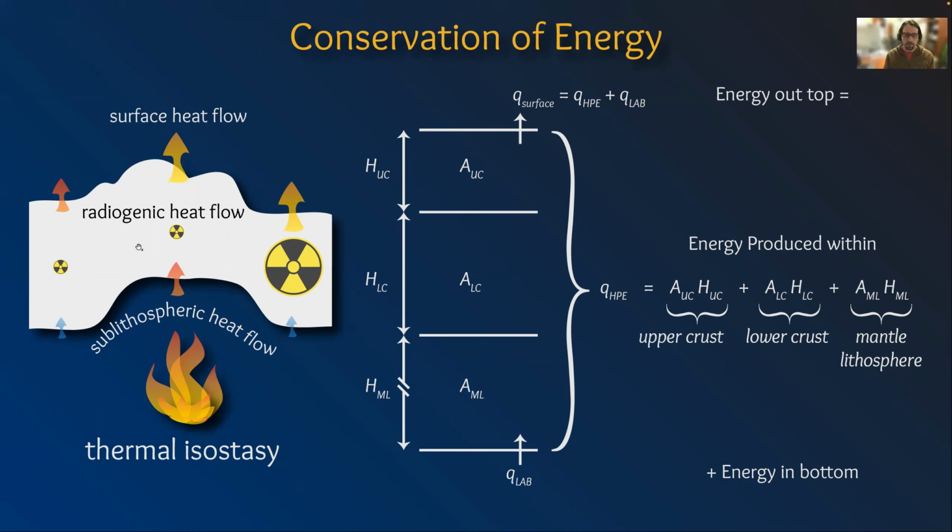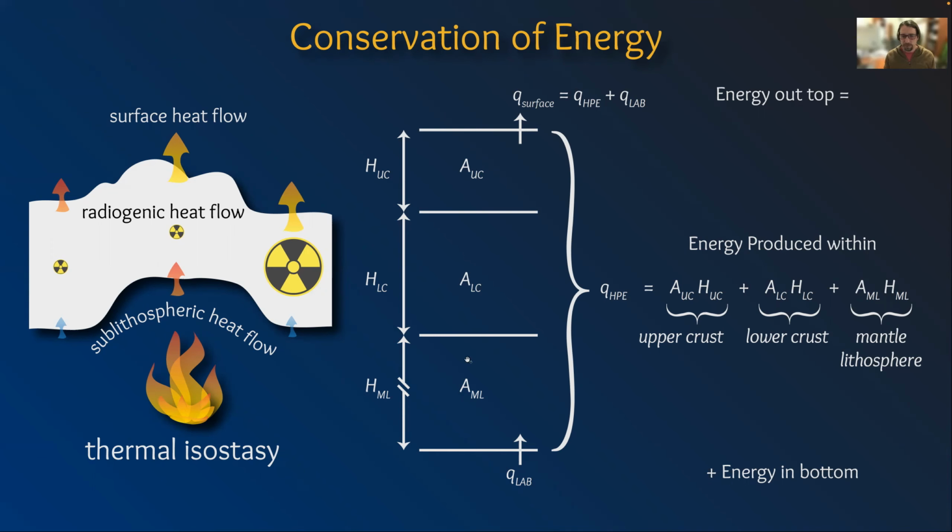So that hot, buoyant crust, our lithosphere, then expands and increases in elevation relative to places that have low inputs from the sublithospheric heat flow. In this case, both of these may have the same surface heat flow, but one has a high elevation and one has a low elevation as a result. But the more average crust may have lower heat production overall, and so there may be a relationship between the heat flow at the top and the heat that's imparted from the mantle below.